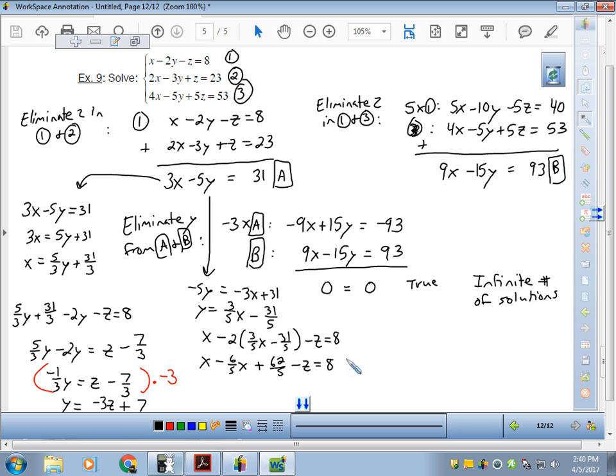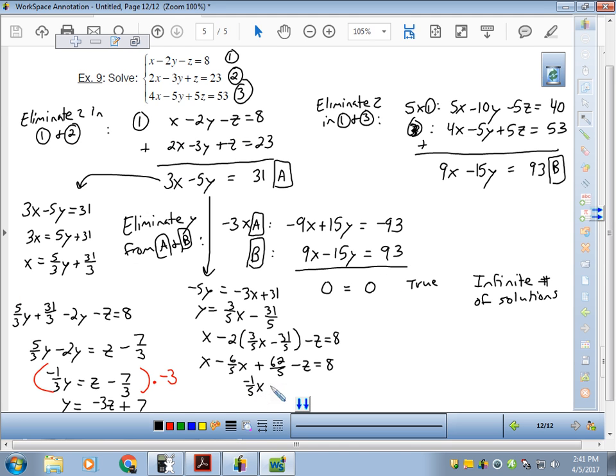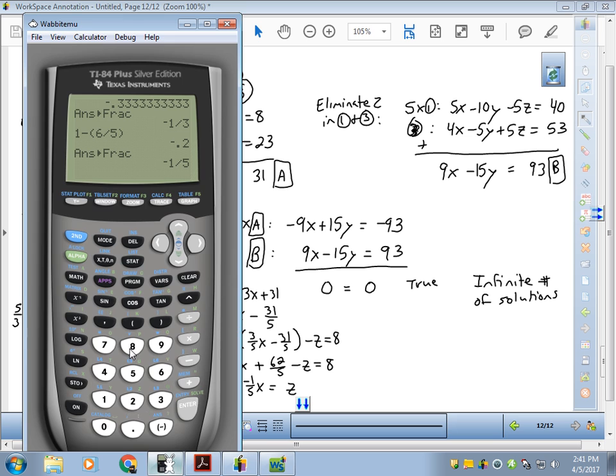Move these non-x terms over. We'll also combine these x's together. So I have 1 minus 6/5, so that's going to be negative 1/5 x equals, we're going to move the z over, and we're going to move the 62 over 5 over. So we're going to have 8 minus 62 over 5. Convert that back to a fraction.